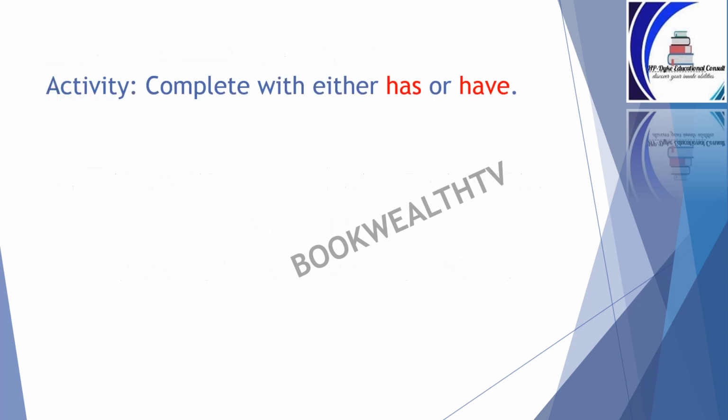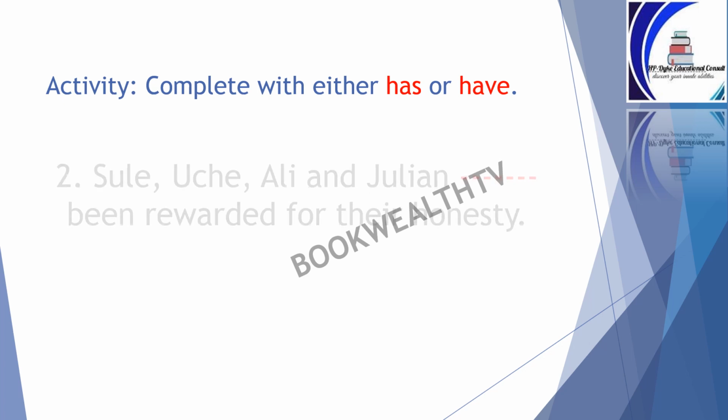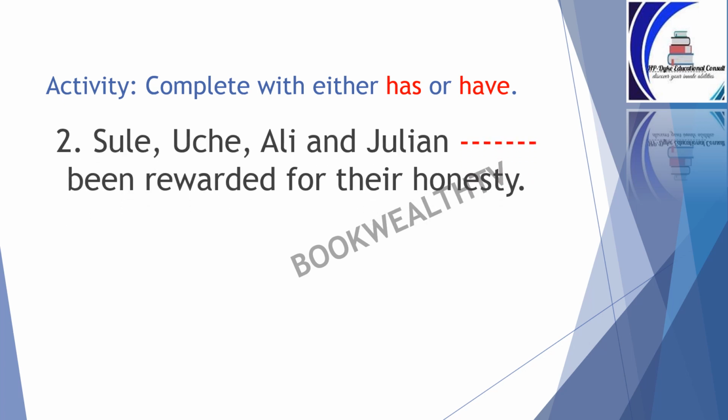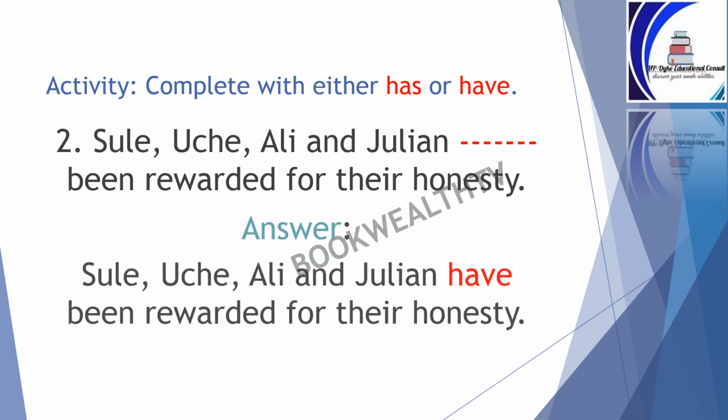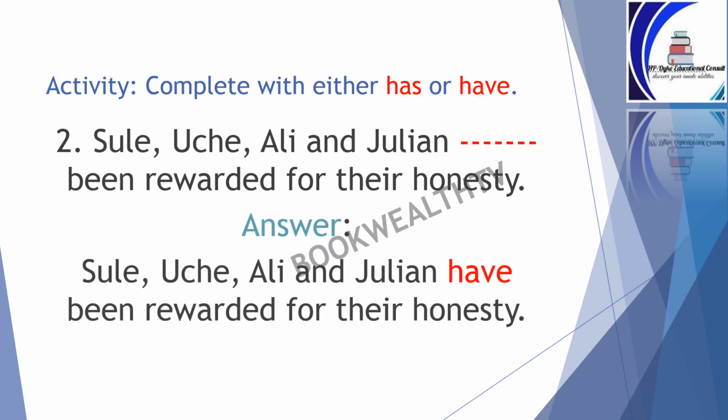Activity 2. Complete with either has or have. Sule, Uche, Ali and Julian dash been rewarded for their honesty. The answer is have. Sule, Uche, Ali and Julian have been rewarded for their honesty. Can you tell why it is have and not has?